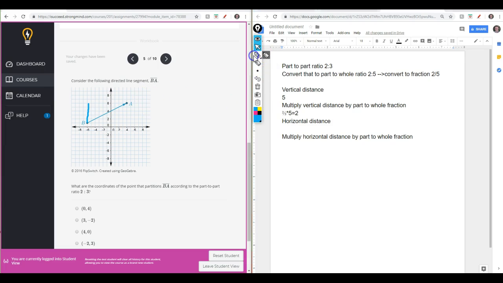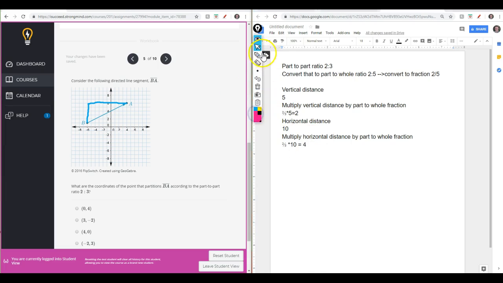And then horizontally, how many? We have 1, 2, 3, 4, 5, 6, 7, 8, 9, 10. We have 10 units. And again, we want a point that's 2/5 of that distance, 2/5 of our 10 horizontal units. If we multiply that out and reduce, that comes out to be 4.